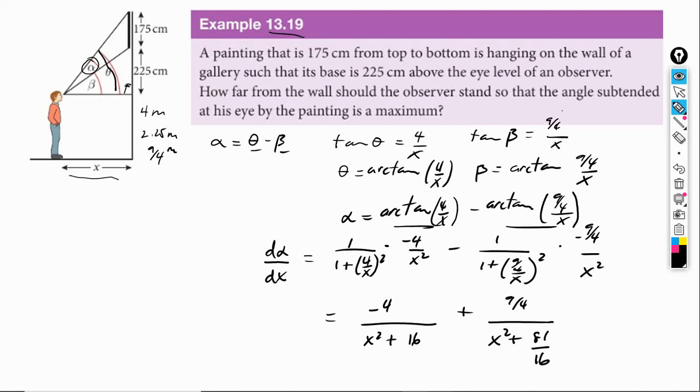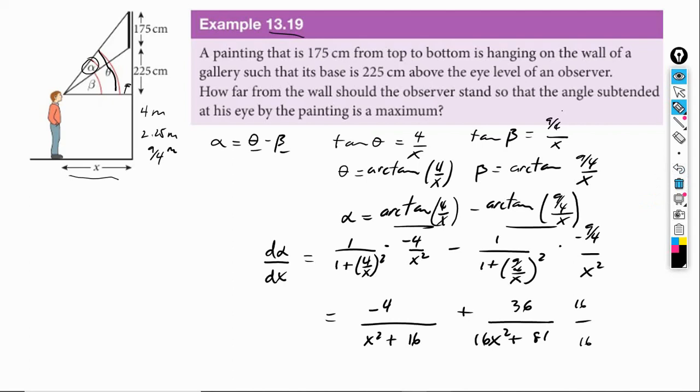Okay, so we want to simplify this a little bit. And if we multiply this by 16 and this by 16, we get rid of this, and we would get on top, it was 9/4, so it's going to end up being 4 times 9, so 36, and here we would need a 16.